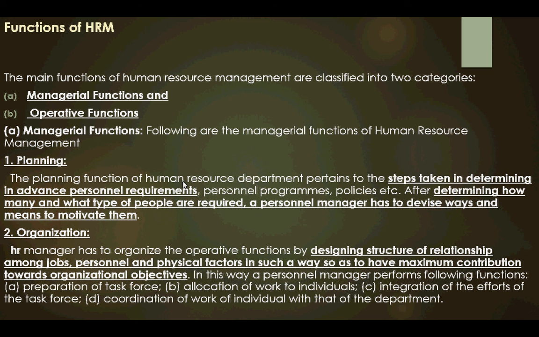The main activity of the human resource department is to predict, to determine how many personnel, how many people, how much human resource is required. It has to be expected from each and every department. The data has to be collected on the requirement of the people in each and every department.